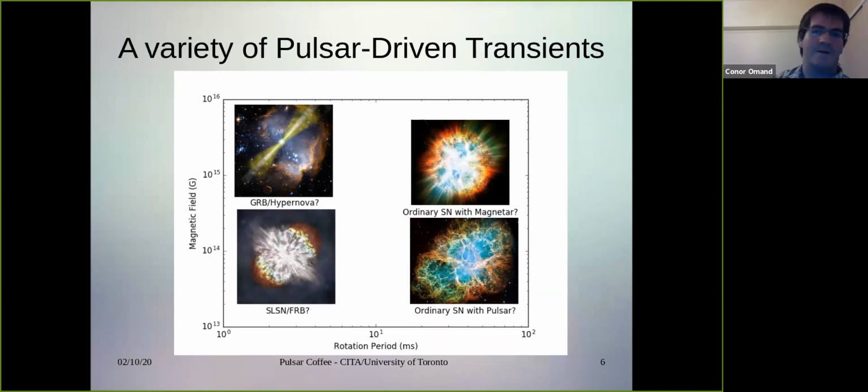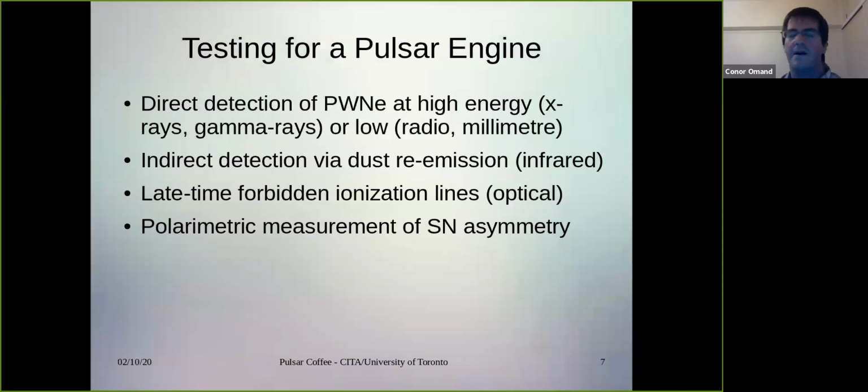And so how can we test for a pulsar at the center of these supernovae? Well, we can try and directly detect the pulsar wind nebula. We can do this at high energy with X-rays and gamma rays, or at low energy with radio and millimeter studies. For X-rays and gamma rays, there have been a few studies so far.